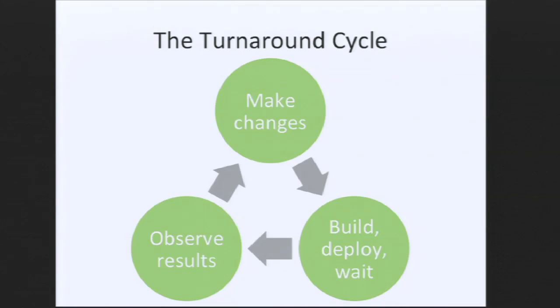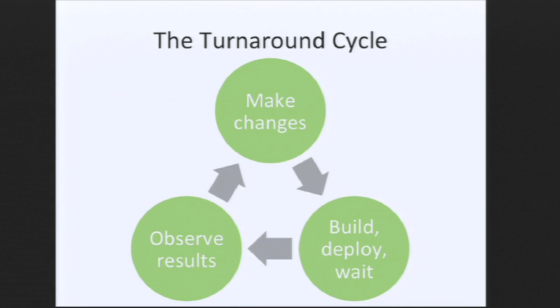So let's start with an introduction to JRebel. The topic here is developer productivity. JRebel is a productivity tool for Java developers, and the normal turnaround cycle in Java EE development is something like this.